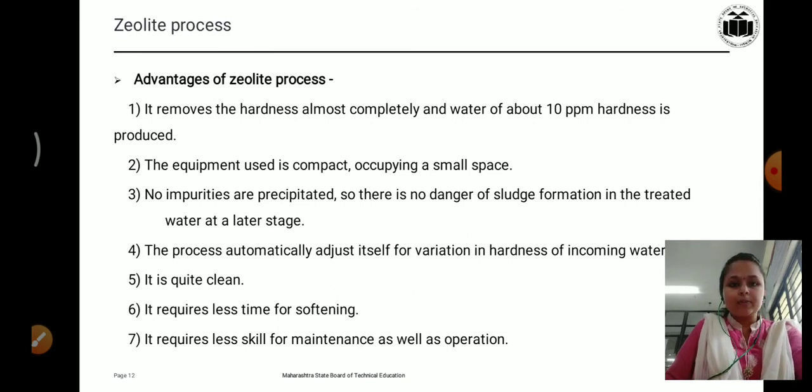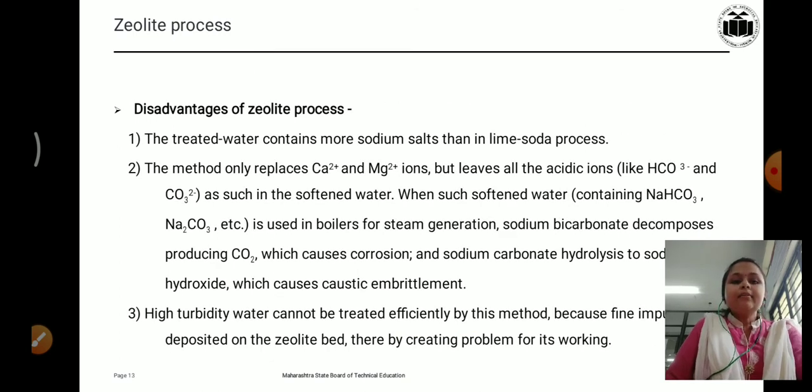as operation. And the disadvantages of the zeolite process are that the treated water contains more sodium salts than in the lime soda process. This method only replaces the calcium and magnesium ions but leaves all the acidic ions like carbonates and bicarbonates in the softened water.